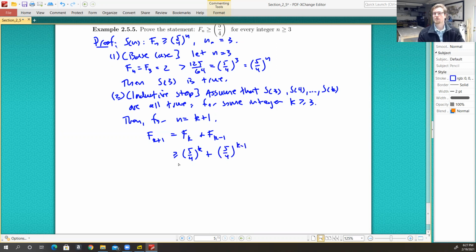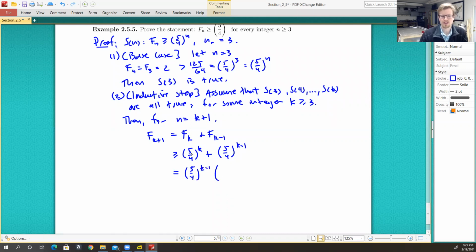Now what I want to do is simplify or rewrite this in such a way that I can express it as 5/4 to the k plus 1. That seems kind of weird, but it is possible. So the first thing I'm going to do is pull out the common factor of 5/4 to the k minus 1.